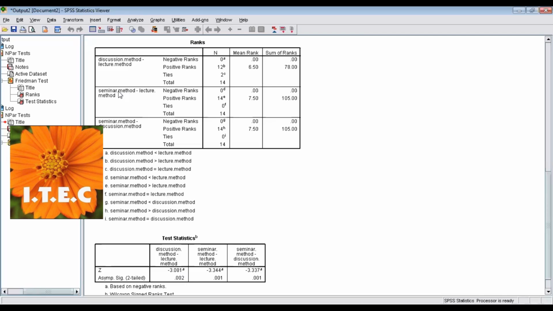Now, when you compare the seminar method with the lecture method, then your positive ranks now increased, and there is a negative mean rank and positive mean rank, and the value is significant. And seminar method and discussion method, again, you can see it here.